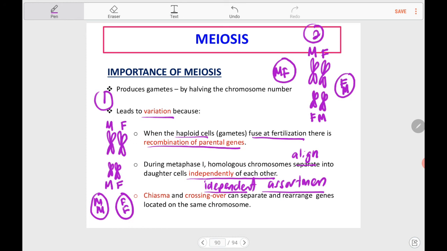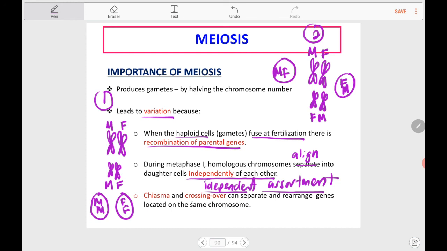So ini baru dua pasangan. Bayangkan kalau ada 23 pasangan chromosomes di dalam sel tersebut. So lebih banyak different combination of paternal and maternal origin chromosomes. So ini yang dimaksudkan dengan independent assortment.